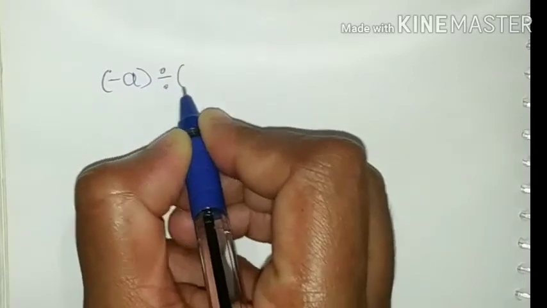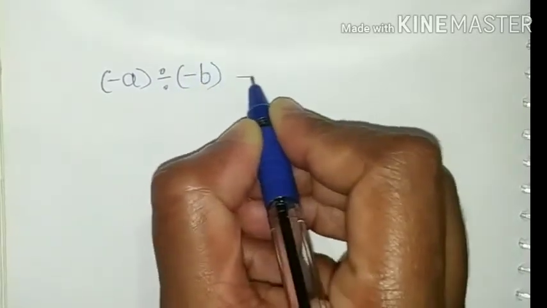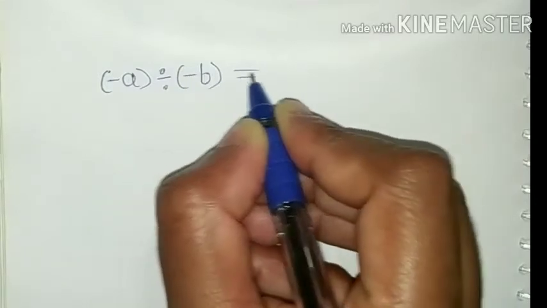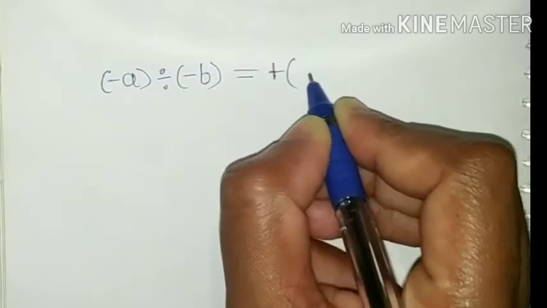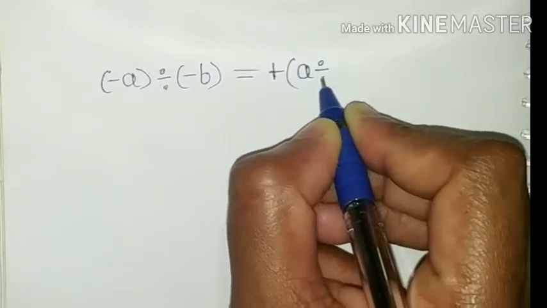Now let's look at some problems in my explanation zone. Second case: when we divide a negative integer by a negative integer, first we divide them as whole and put a positive sign before the quotient. I will write the symbolic representation: minus a divided by minus b. Minus minus is plus, so we put a plus sign before the quotient: plus of a divided by b.